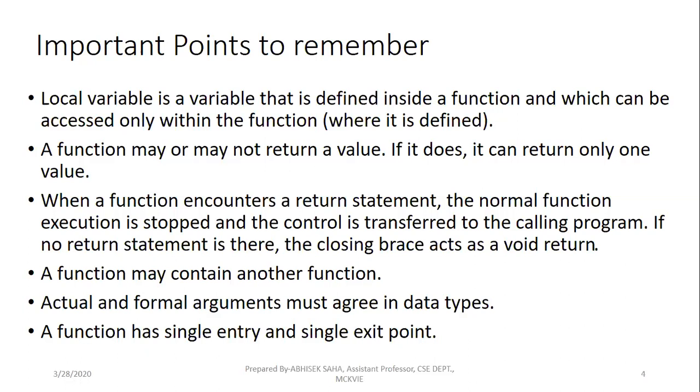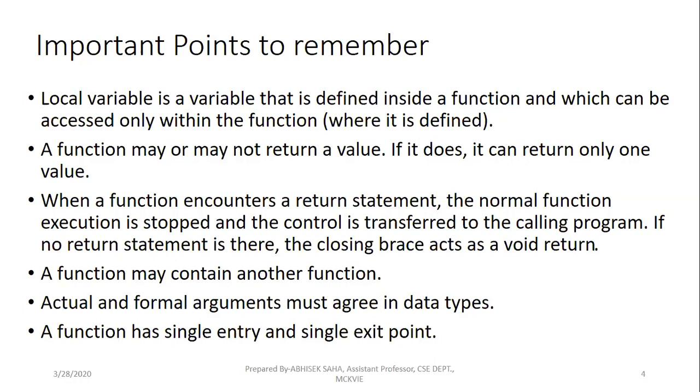When a function encounters a return statement, the normal function execution is stopped and control is transferred to the calling function. When John is returning a value to me, John stops its work. The control of the program is coming back to my hand.